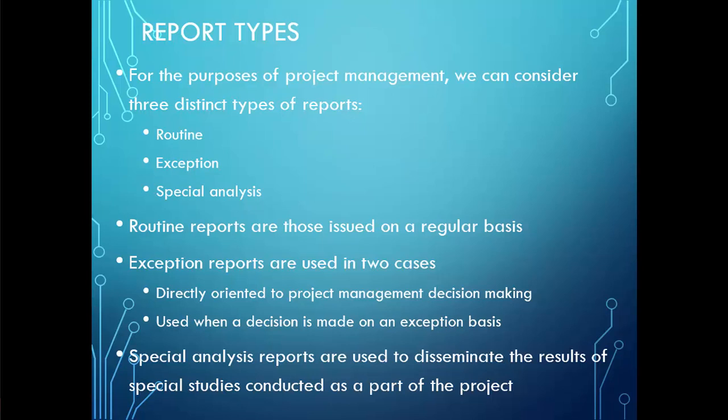First, they are directly oriented to project management decision making and should be distributed to the team members who will have a prime responsibility for decisions. Second, they may be used when a decision is made on an exception basis, and it is desirable to inform other managers as well as to document the decision.